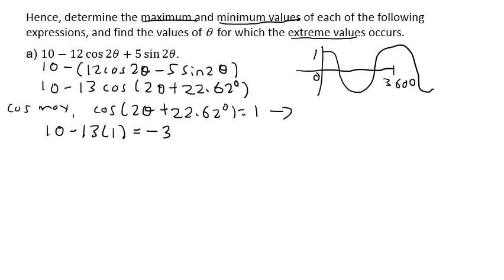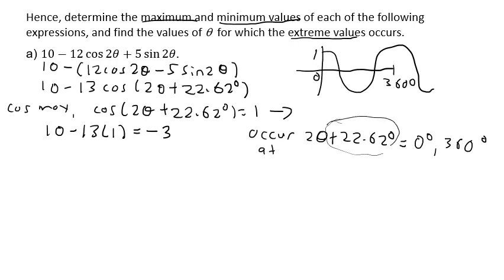So we can write down here, it occurs when 2θ + 22.62 degrees equals 0 degrees, 360 degrees. But notice that we have to subtract 22.62. So if we subtract 22.62 from 0, it will become negative.